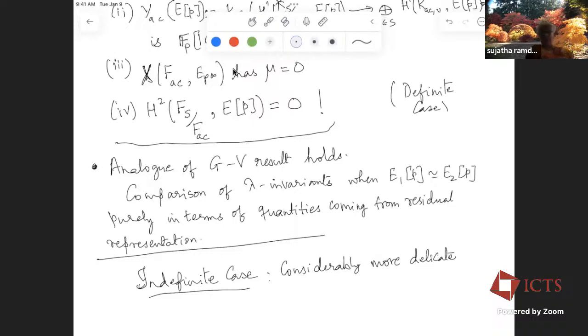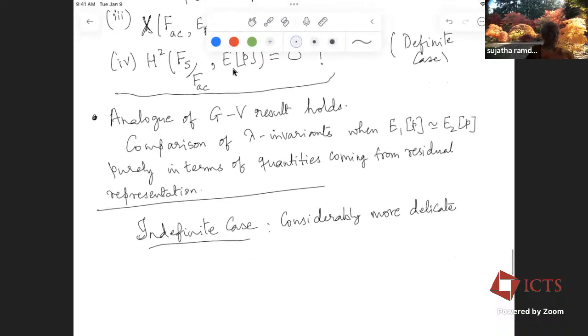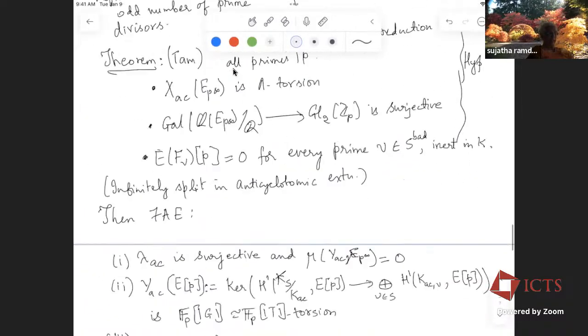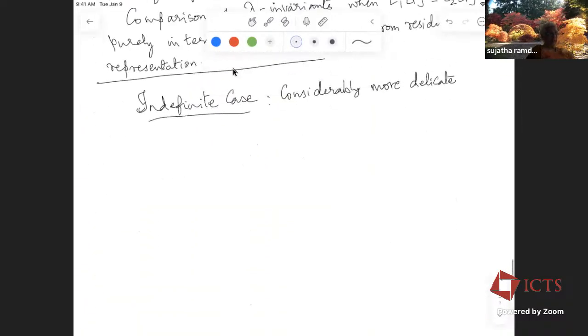So in the indefinite case, it seems difficult to work with the usual Selmer group on the nose because you don't have this exactness. The defining sequence is not exact. So that makes it slightly difficult to work with. But in this case, there is another Selmer group constructed by Bertolini, Darmon, and Prasanna.